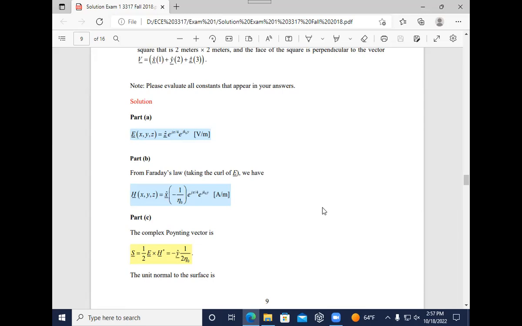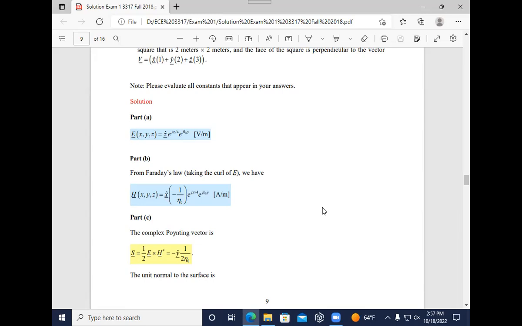So therefore, this thing here can be written as simply 1 over eta 0. Right, so that's what I get.